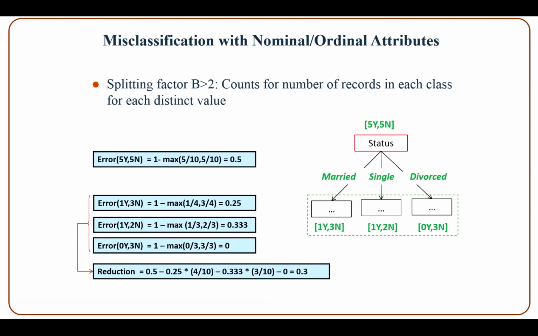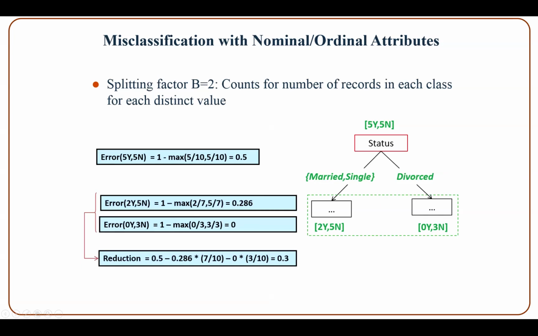If multi-way split is used, then first you need to have the distinct values from the attribute. For example, marital status has 3 distinct values: married, single, and divorced. And then you follow the same procedure. You get the misclassification error before split and after the split, and then the reduction in misclassification error.